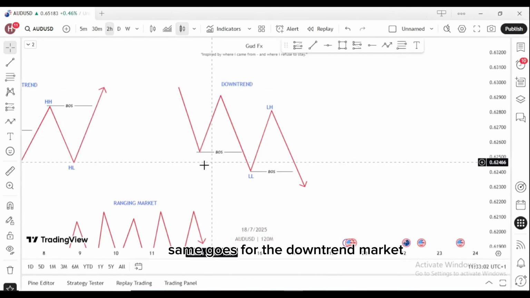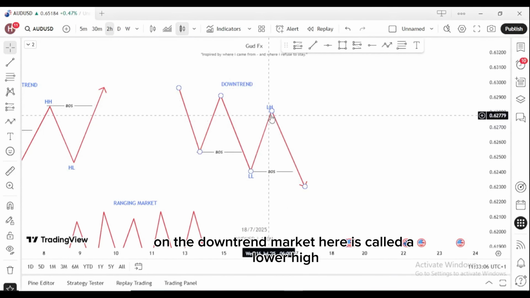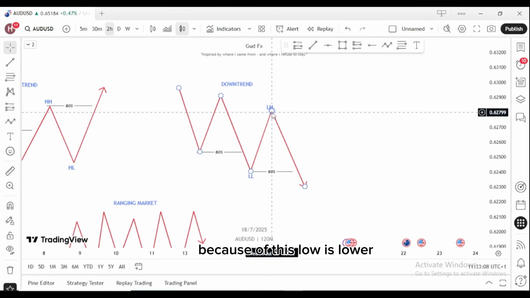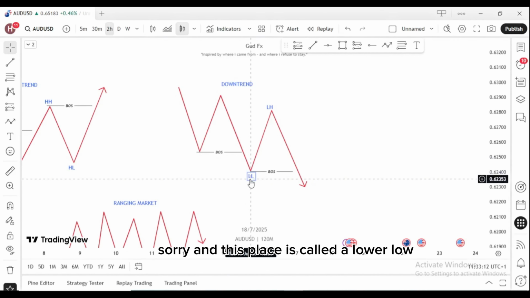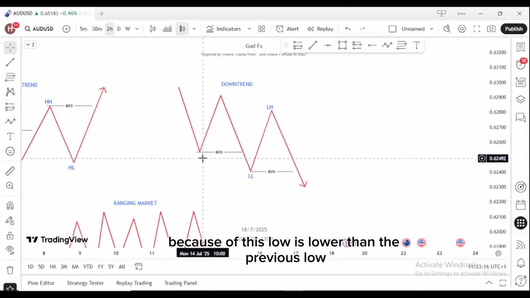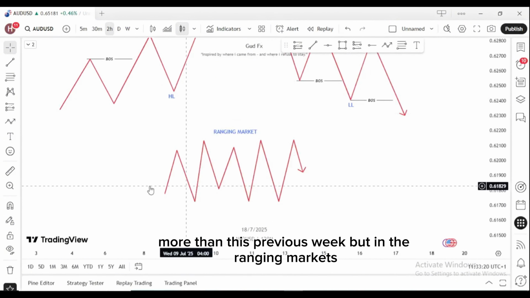Same goes for the downtrend market. In the downtrend market, here is called a lower high because this high is lower than the previous high. And this place is called a lower low because this low is lower than the previous low.